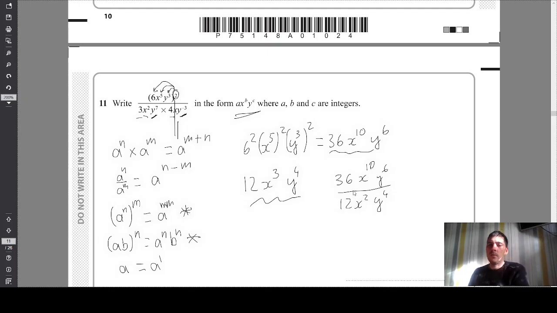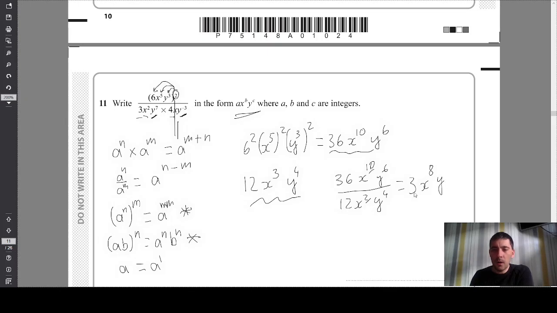So first bit, working out 36 and 12, so 36 divided by 12 makes 3, okay? And do division of x's, so x to the power of 10 divided by x squared, so 10 take away 2 equals 8. So x to the power of 8.